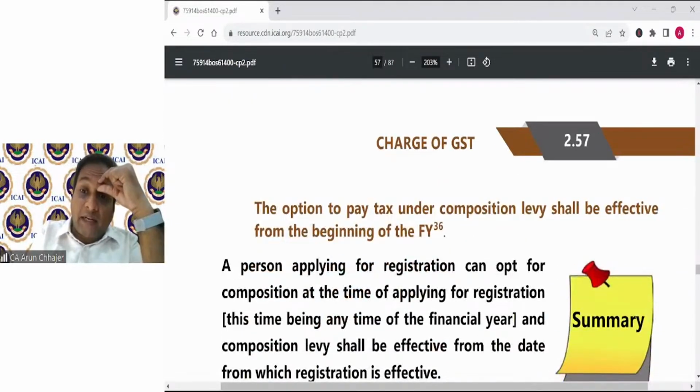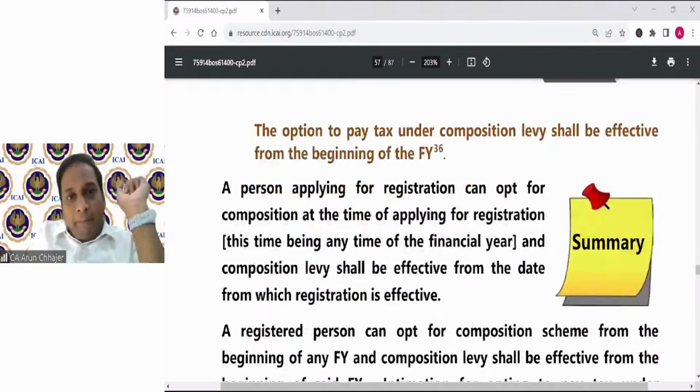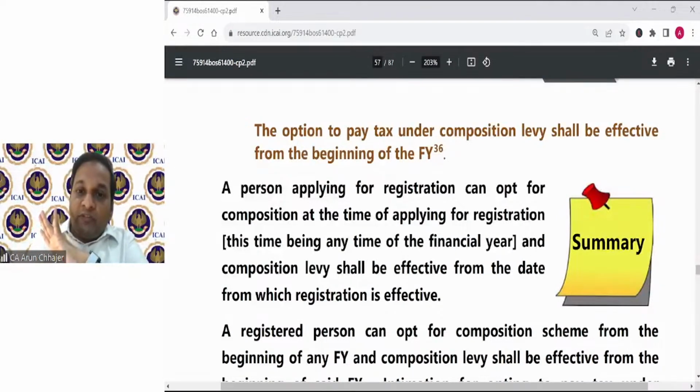The option to pay the tax under composition shall be effective from which date? From the beginning of the financial year. A person applying for registration can opt for composition at the time of applying for registration, which can be any time of the financial year. Initially, fresh registration, no problem, and the composition will be effective from the date on which the registration is effective.